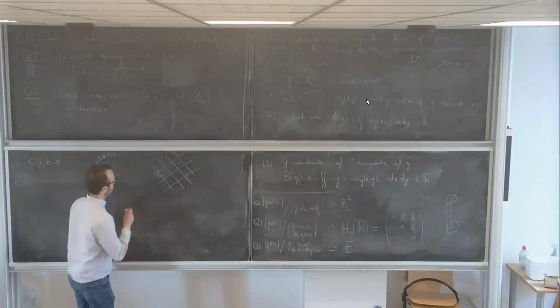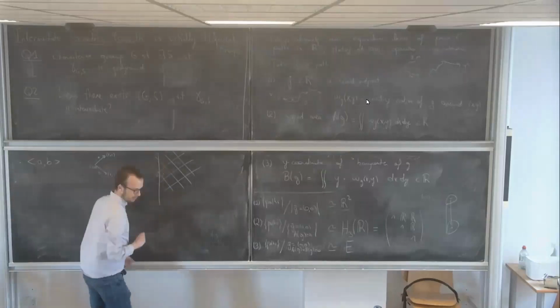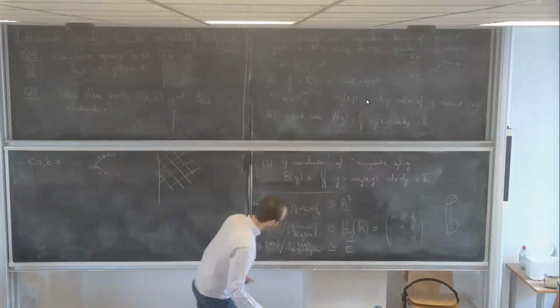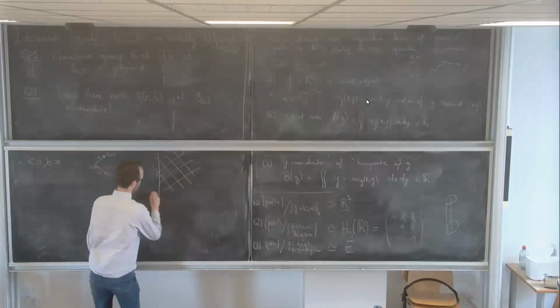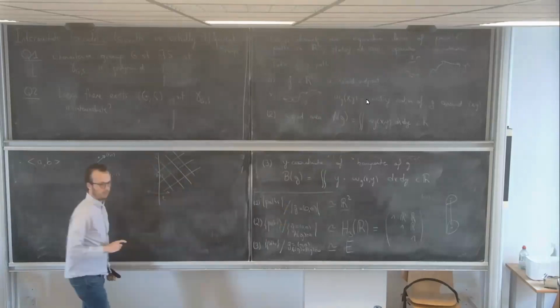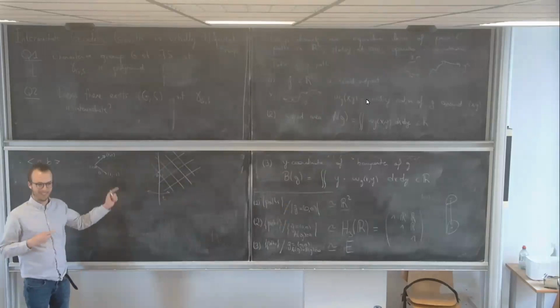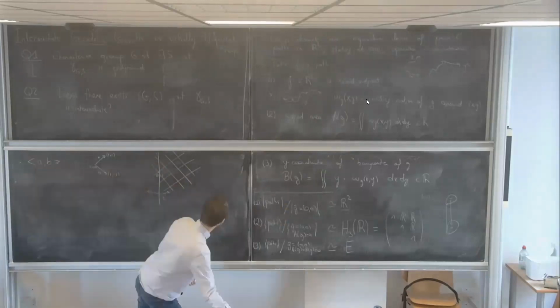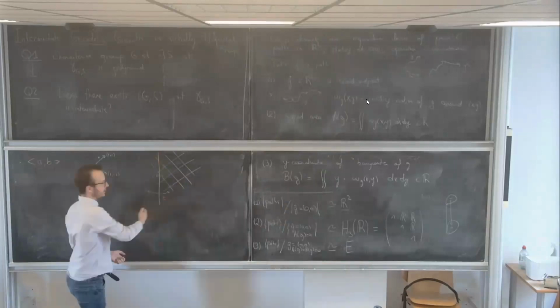And finally, I just add one last thing. There's an automorphism of order 2, which acts on the grid, which is just the flip by the y-axis.